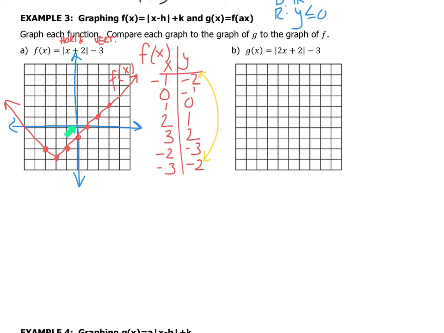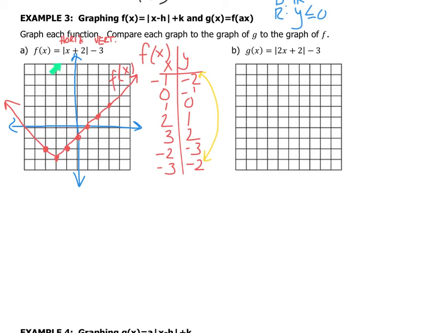So the original vertex should be here, 0, 0. We're moving it 2 to the left. Then this thing says our vertical translation when it's on the outside is down 3. So again, we moved it to the left 2, and we went down 3, and there we are.